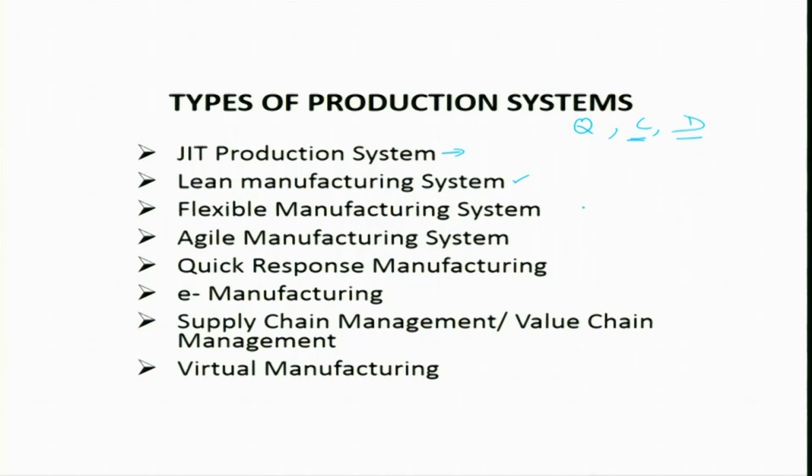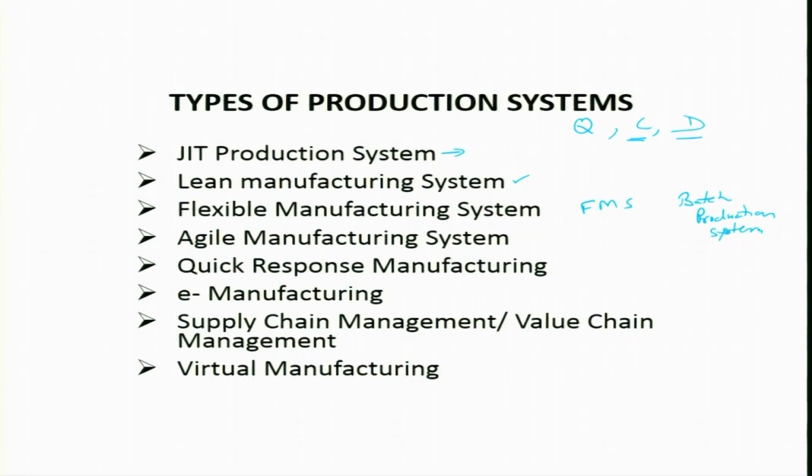Then comes the flexible manufacturing system, FMS, which is most suitable for batch production system. I do not require flexibility in mass production system. I require too much flexibility in job shop production system, that no flexible system is able to provide that. So the flexible manufacturing system is most suitable for batch production system.